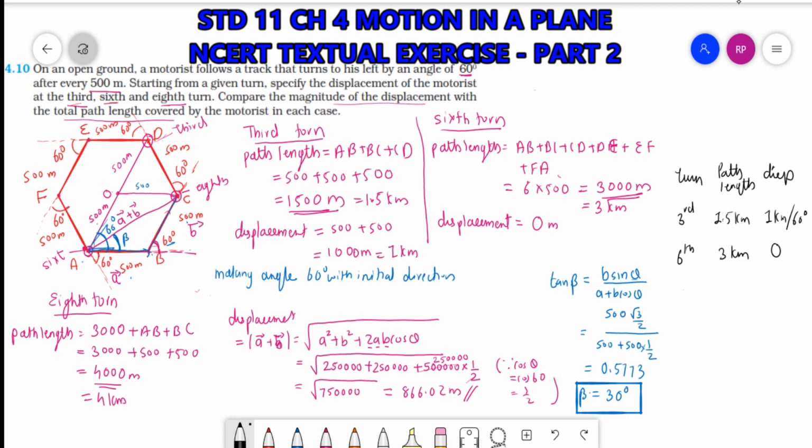And for the eighth turn, the path length is 4 kilometer. The displacement is 866.02 meter, and this is making an angle 30 degree with the initial direction. Okay. So this was about question number 4.10. Yeah. So just note it down.